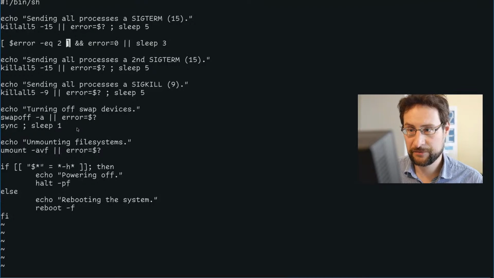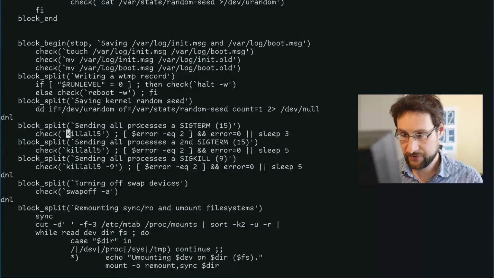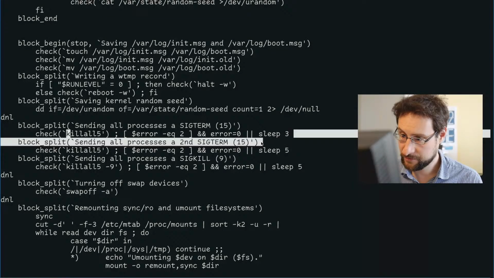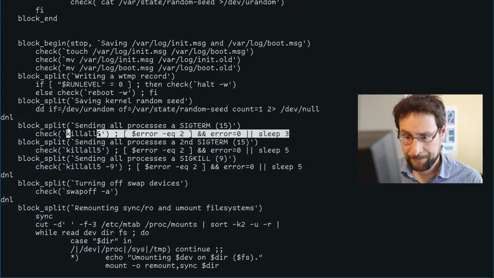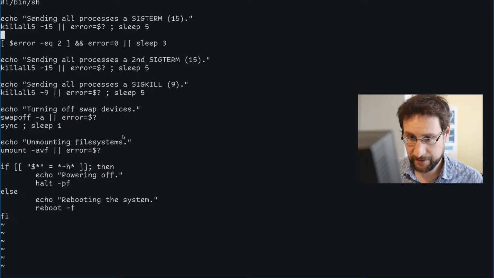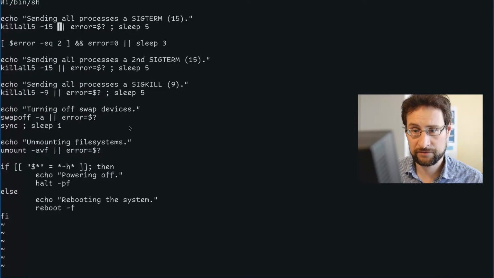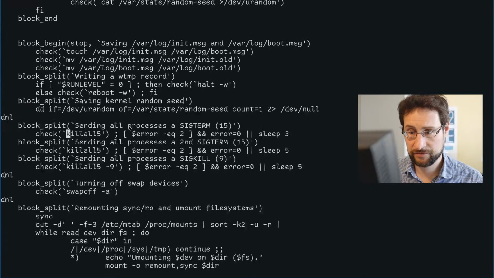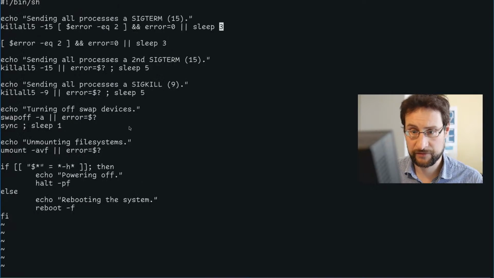Oh, wait a second, sending my process, this actually is synced. So let's do the same there and only sleep 3 because 5 is annoying. So that is error code 2, then kill, then sleep 5, so only if something is still running.